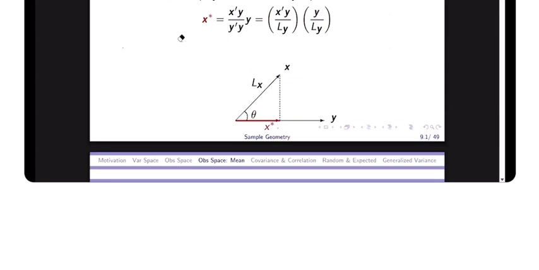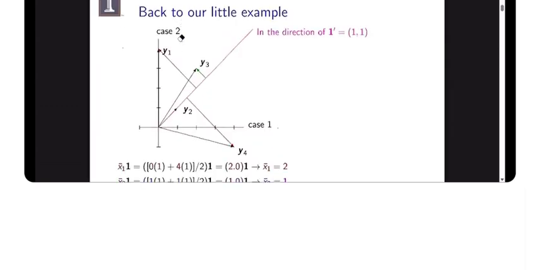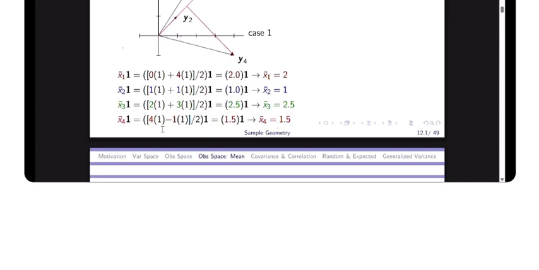The mean is just 0 plus 4 divided by 2. But how do I get 0 plus 4 divided by 2? It's right here, because I'm assuming equal weights, 1 1 to each person, within a particular variable. And of course, when I do that for each of them, that gives us the mean for each.